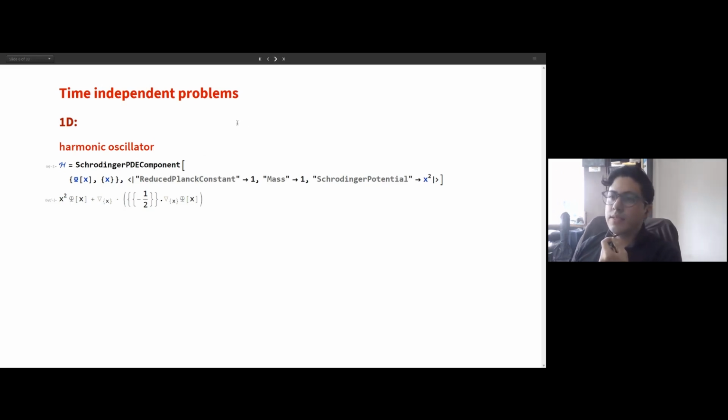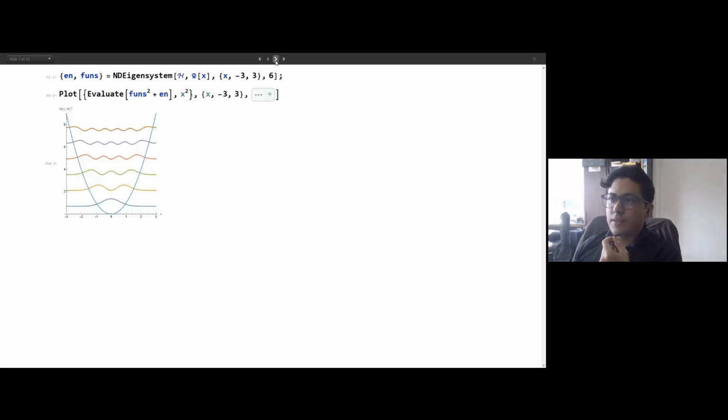Now let's see some examples. Let's look at one example in one dimension, the harmonic oscillator. In this case, we can simplify the model by setting the reduced Planck constant to 1 and the mass to 1. The Schrödinger potential will be x squared, and this is what you get back. To solve it, it's really simple.